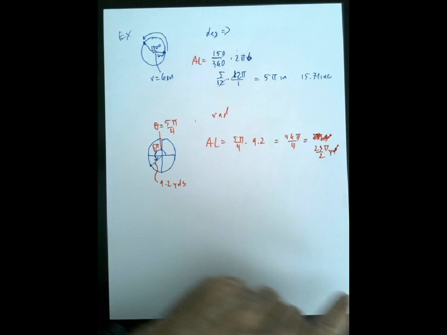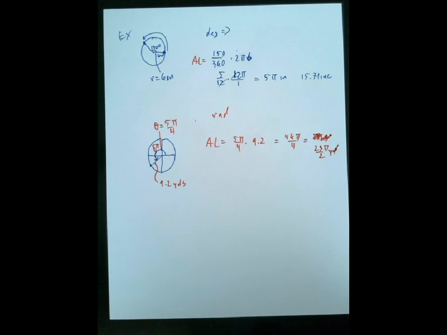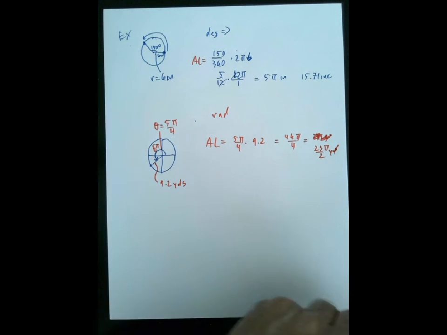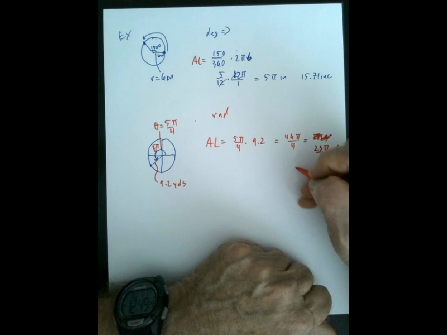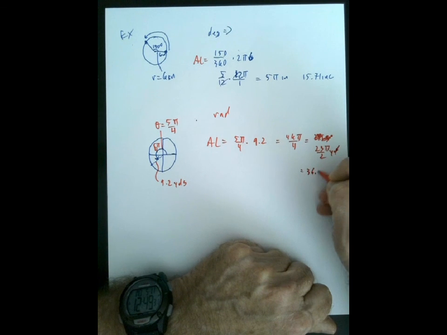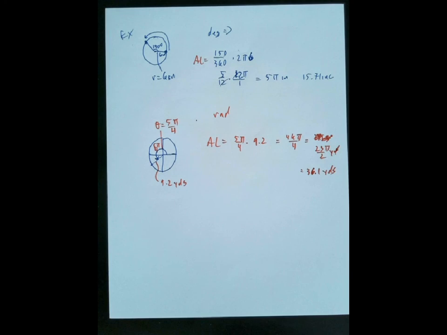And 23 divided by 2 times pi is 36.1 yards. Now, we've got a few examples here, and it's on the classwork, and you should go ahead and try those out before you start the homework.